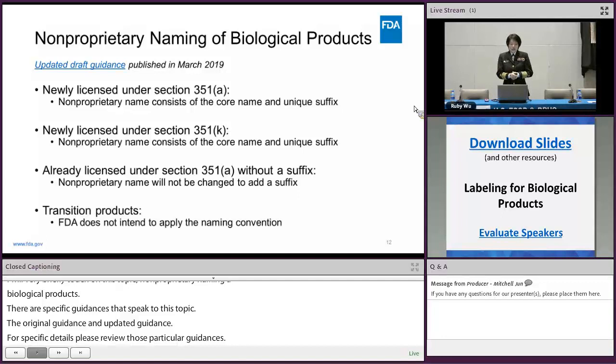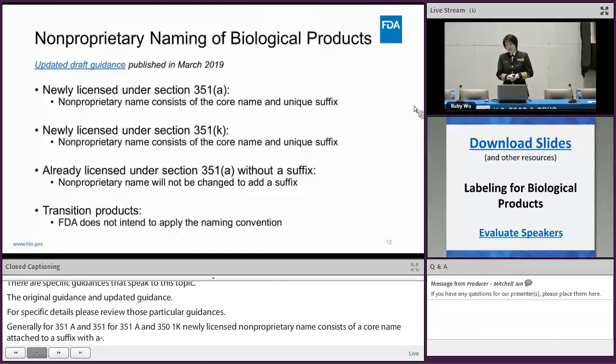And as communicated in the updated guidance, for applications already licensed under 351(a) without a suffix and for transition products, FDA does not intend to apply the naming convention. So generally, the non-proprietary name of biological products includes a distinguishing suffix to identify that specific product.